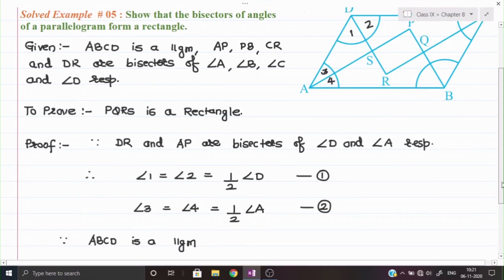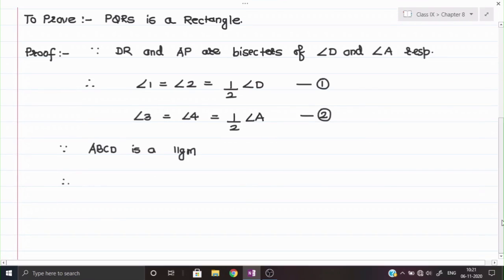However, we know that in a parallelogram, the angles which are not opposite to each other, meaning the adjacent angles, are always having the sum 180 degrees. So here we can say angle A plus angle D will be equal to 180 degrees. Here the reason we can give is adjacent angles of a parallelogram. Adjacent angles of a parallelogram will always sum to 180 degrees. Who are called the adjacent angles?